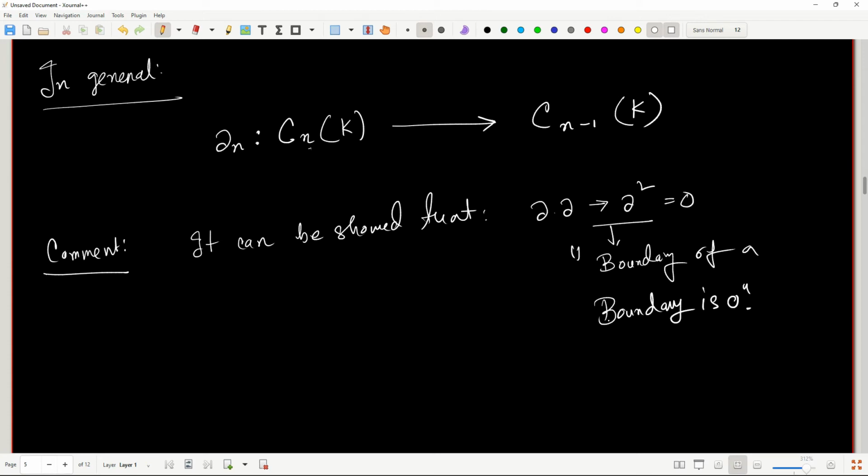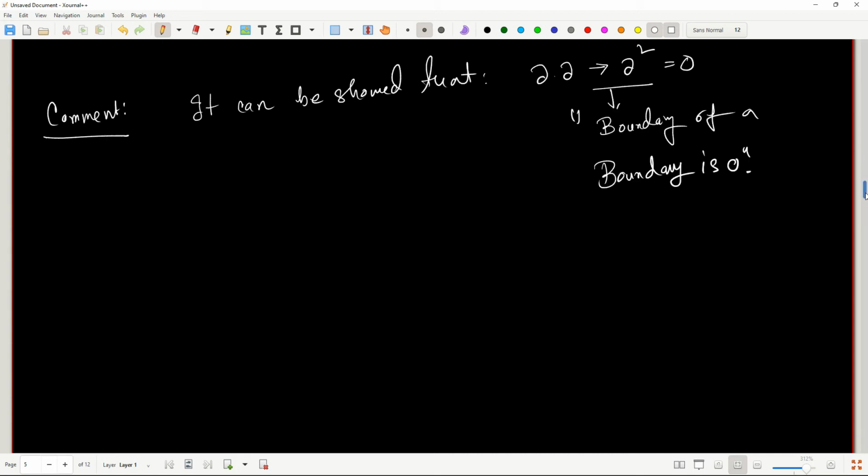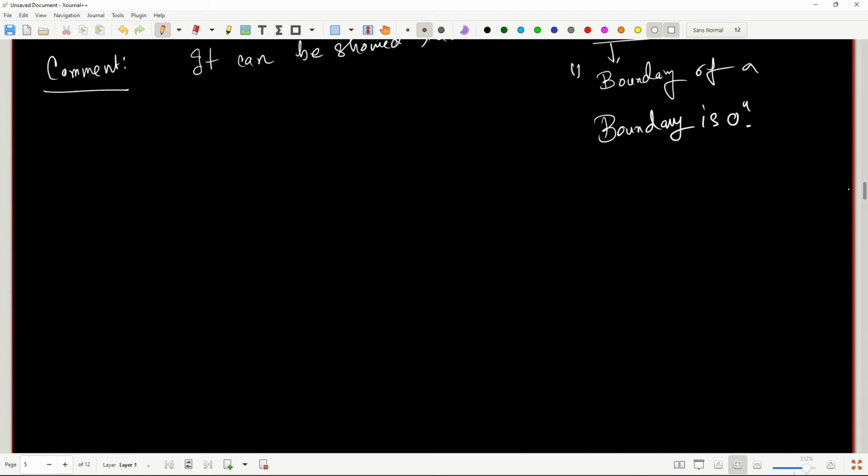So now we want to see how this chain complex actually works. Let's say we have an n-dimensional simplicial complex that forms an n chain group. So let's denote that with C n of K, and then if I apply the n boundary operator, I have some C n minus 1 of K, right?